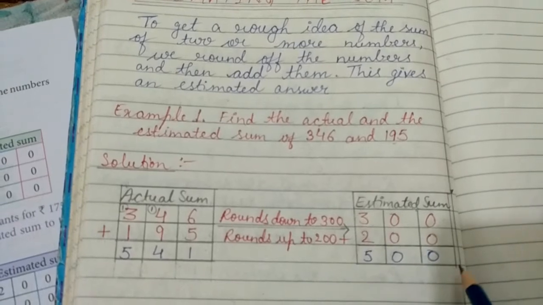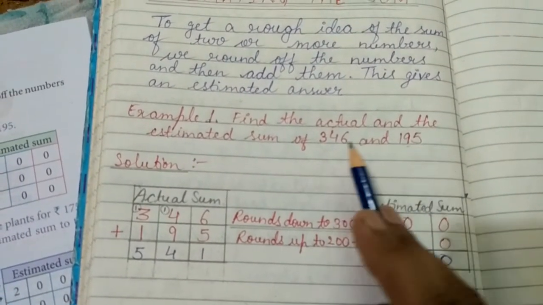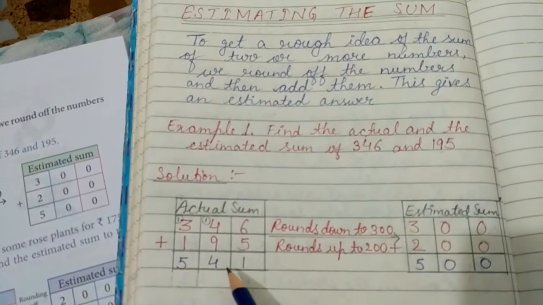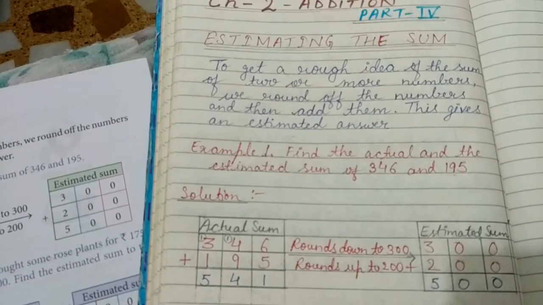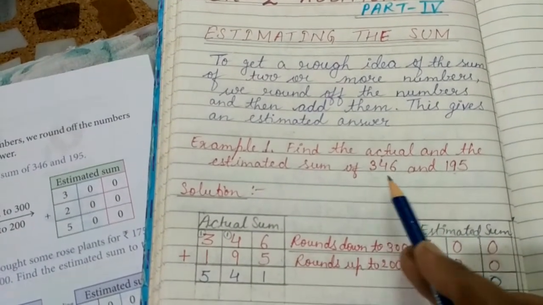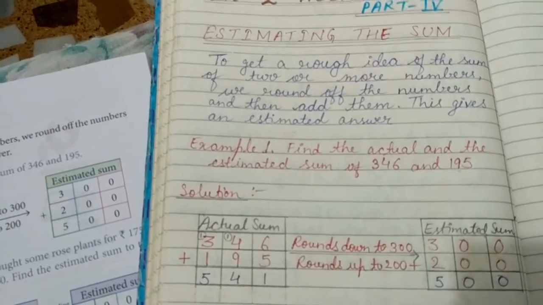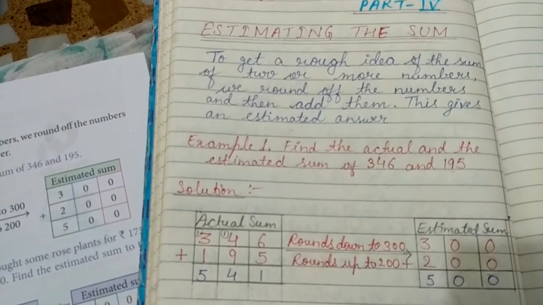This 500 is the estimated sum of these two given numbers, these two addends, and 541 is the actual sum. Actual means whatever addends, whatever numbers are given, we have added them without rounding off.